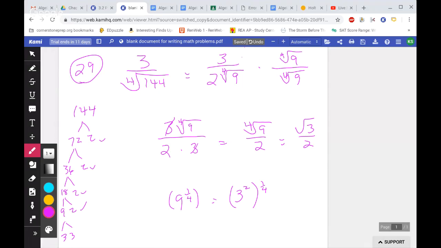How do you get √3/2? It's that same principle that we had before. So from 3 squared to the 1/4, how do I get √3/2 though?